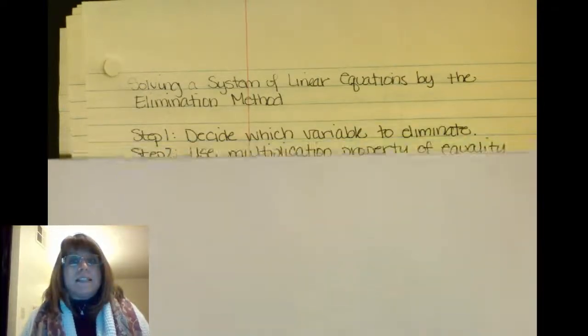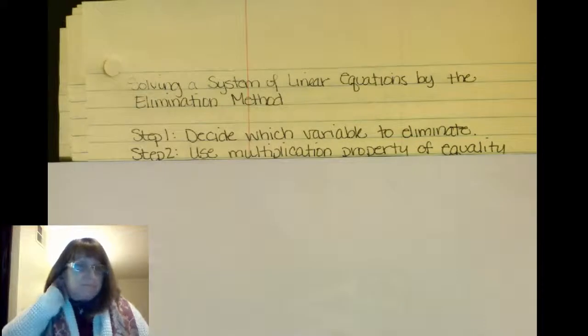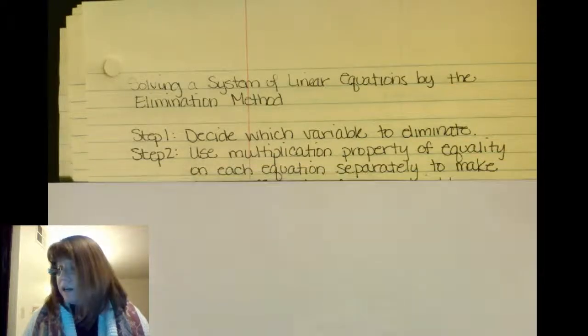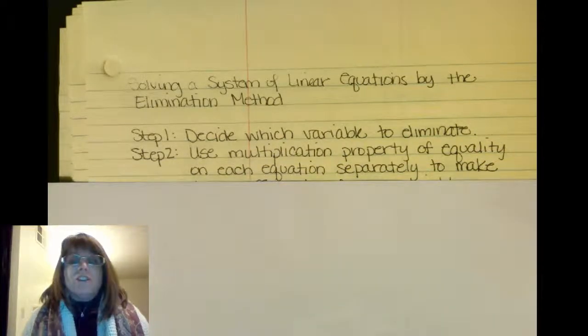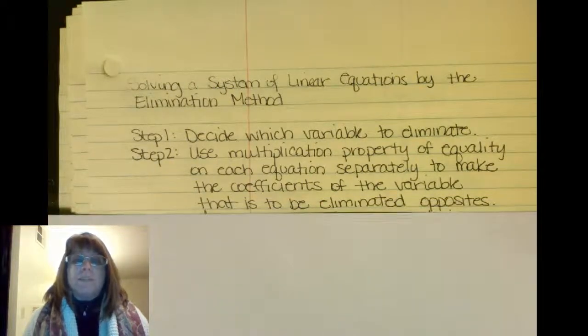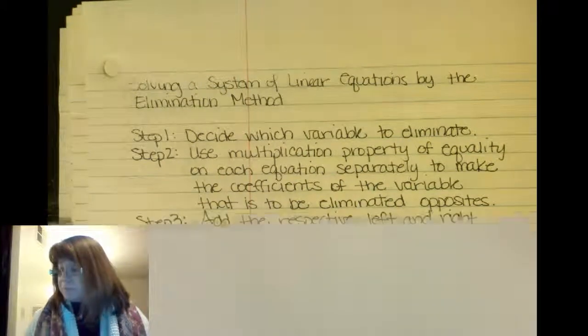Step 1, for the elimination method, is to decide which variable you want to eliminate. Then you're going to use the multiplication property of equality on each side of the equation to separately make the coefficients of the variable that is to be eliminated opposites. Remember, that was if I had a 2 in front of the x and the second was a 1. If I multiply the second one by negative 2, then I can eliminate the x's.